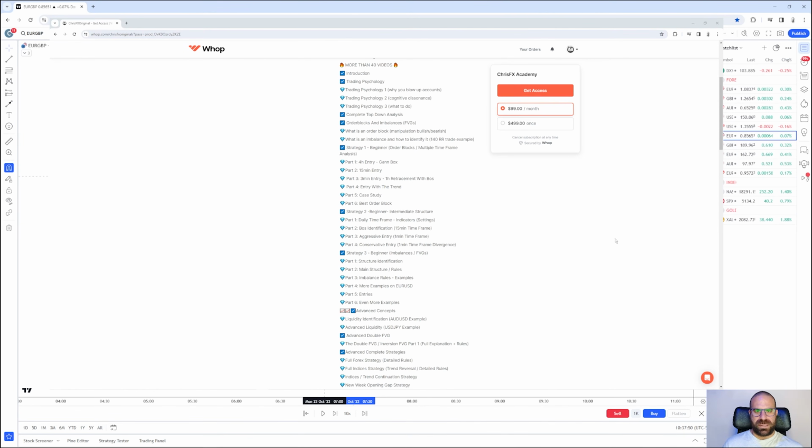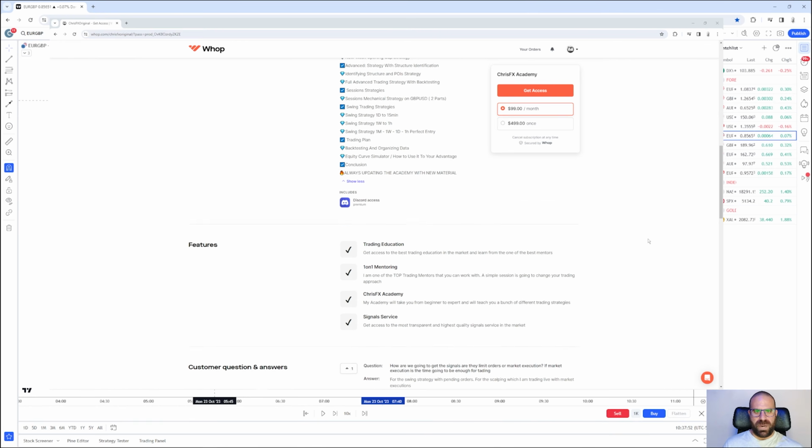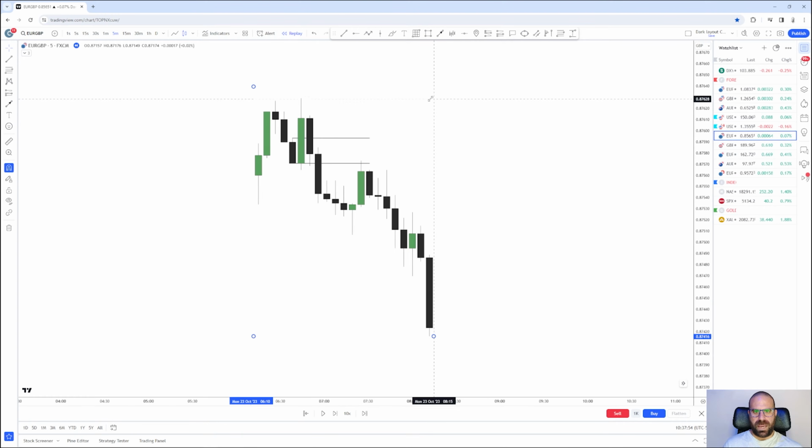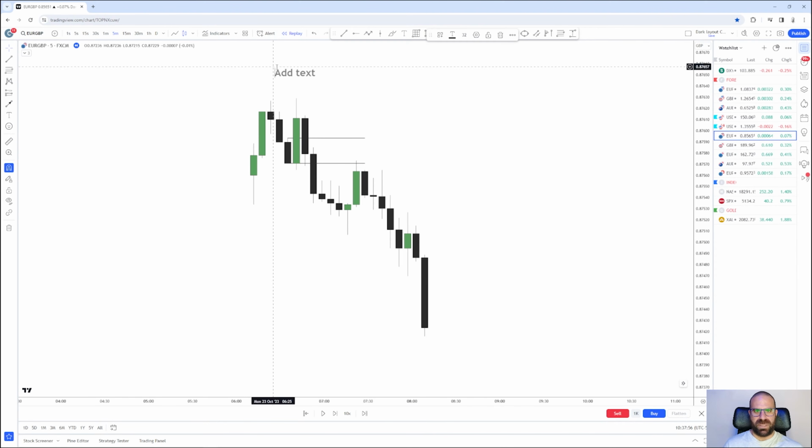So let's start with the bearish breaker block. Bearish breaker block right here.